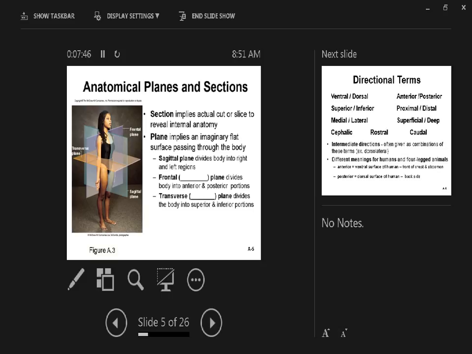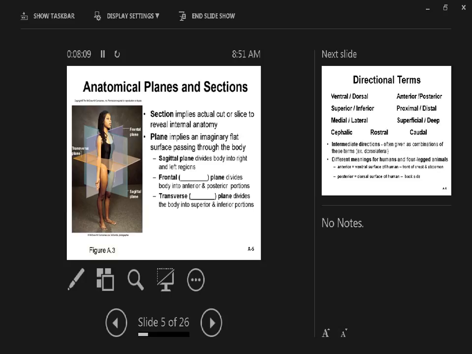Transverse, of course, is when you're going to make a plane right across, separating the upper body from the lower body, superior and what? Inferior. Frontal plane is going to be a slice of the body that's going to separate the anterior and what? Posterior portions.